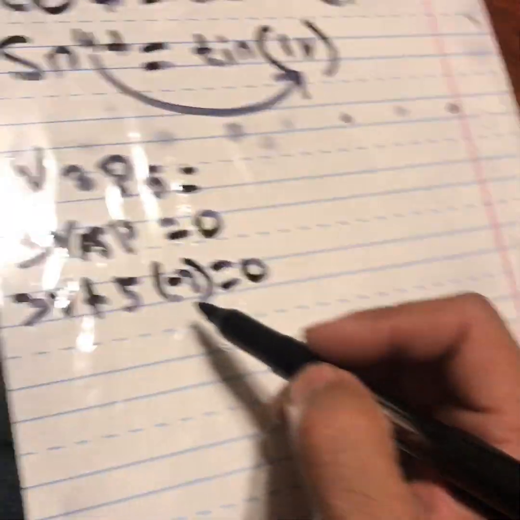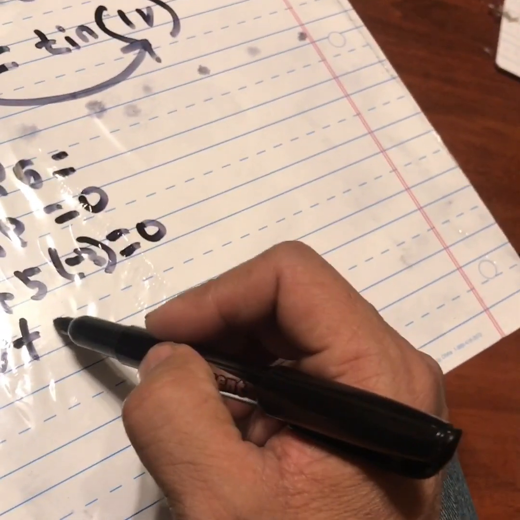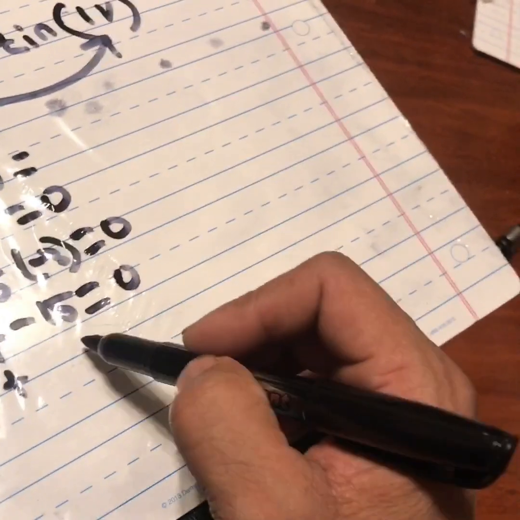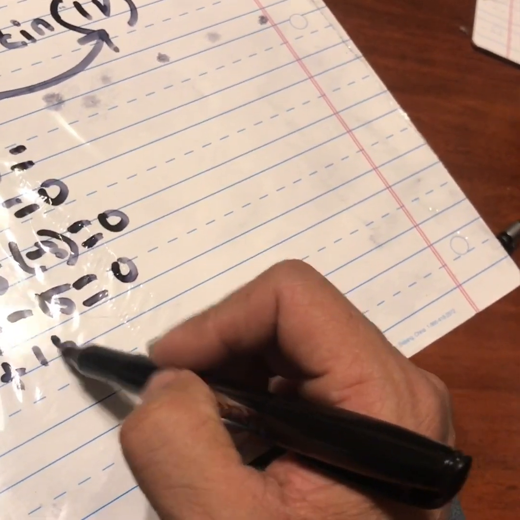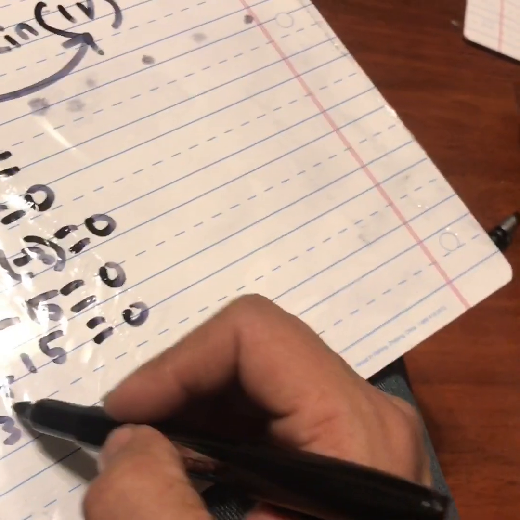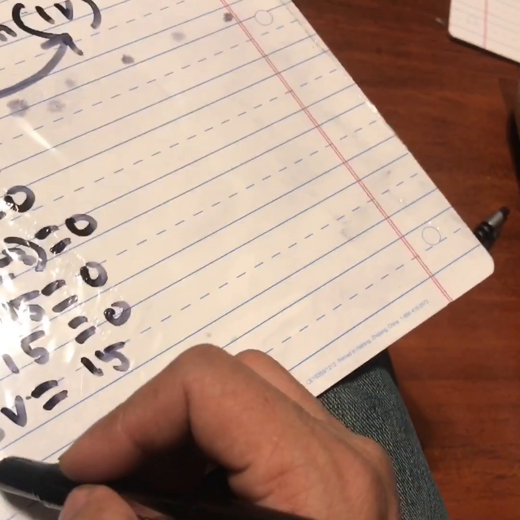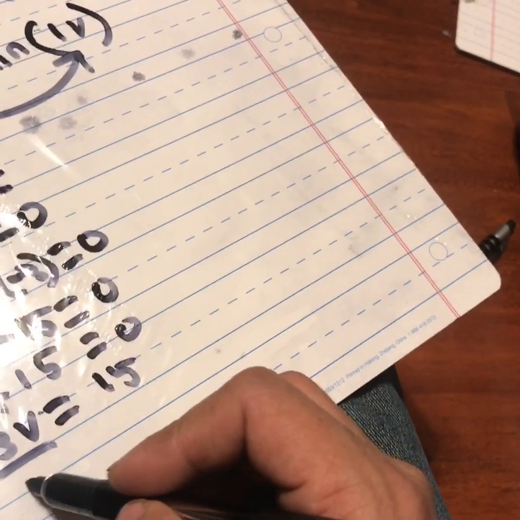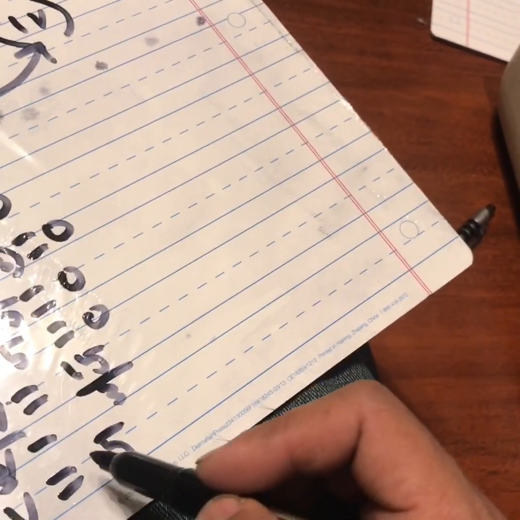So we have 3V plus -15 equals 0, then we add 15 to both sides. We have 3V equals 15, and then we isolate vanadium. We have vanadium divided by 3, so vanadium equals 5.